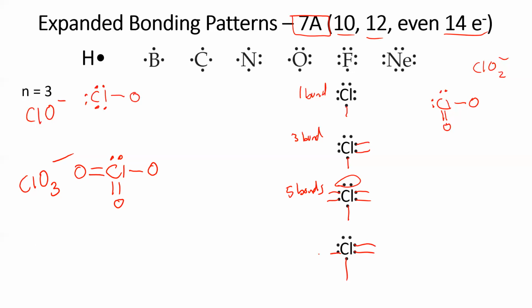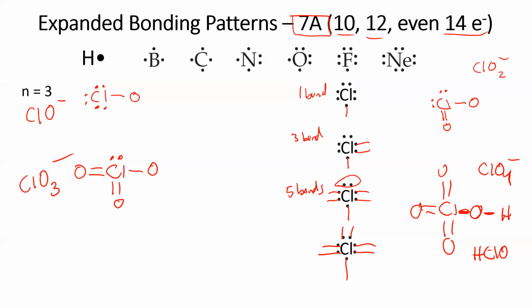And when does it do that? When the group 7A central atom has 7 bonds, like in the case of, oh, what's this? ClO4 minus. Oh, that's my perchlorate oxyanion. And you see that the oxygen likes to have two bonds. This one only has one. So if I put another bond here, oh, that's my perchloric acid.